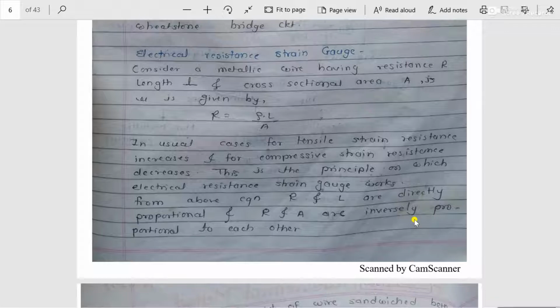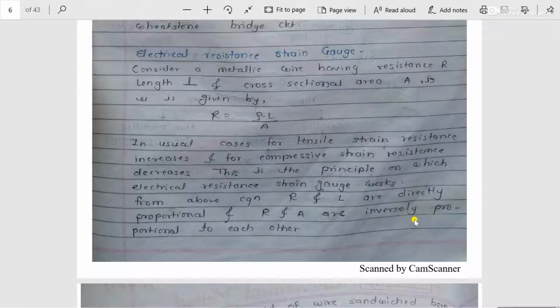That increase and decrease in resistance is calibrated in terms of unknown parameters. This is the basic working principle of the electrical resistance strain gauge, used in various types of applications to find out a number of parameters.